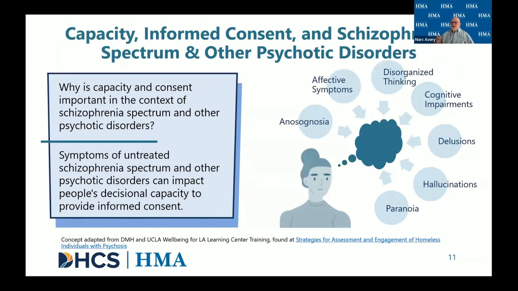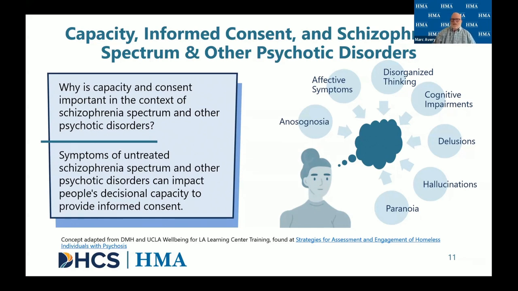So how does this apply, the concept of capacity and informed consent? How does it apply specifically to the schizophrenia spectrum and other spectrum disorders? These concepts are important topics for all aspects of mental and physical health, but especially in the context of mental health, and specifically even with schizophrenia. And why is that?